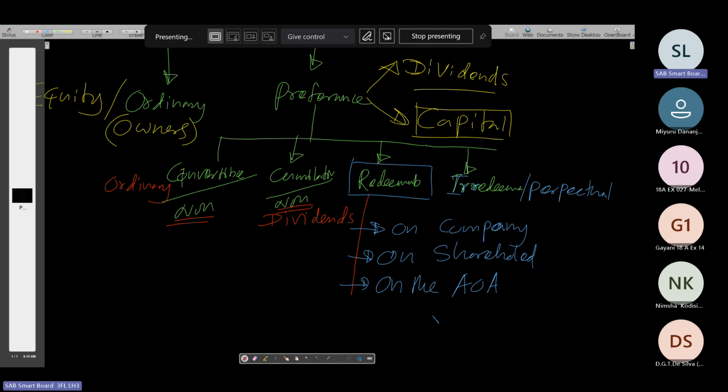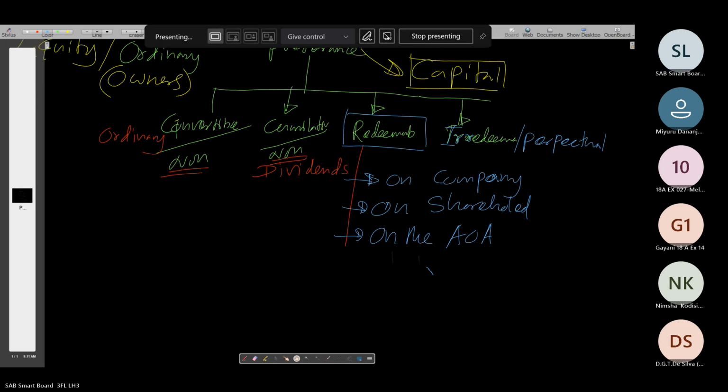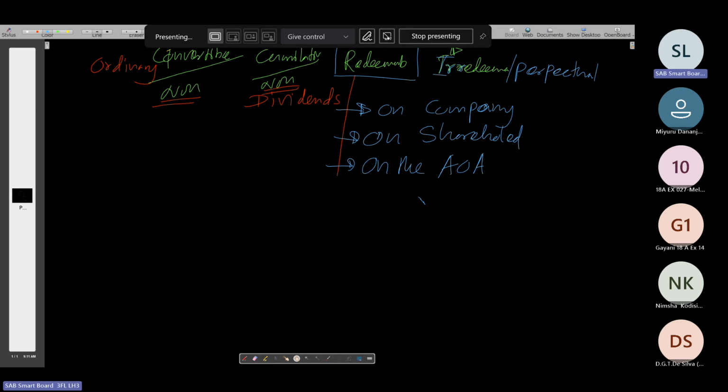Then thereafter, the most important point here is the capital. The important thing is there are three terms used with regard to capital.